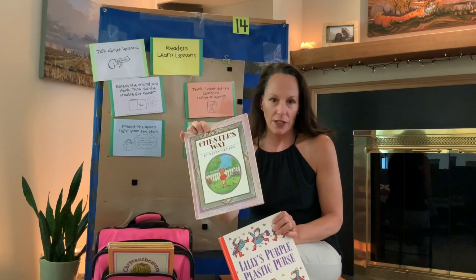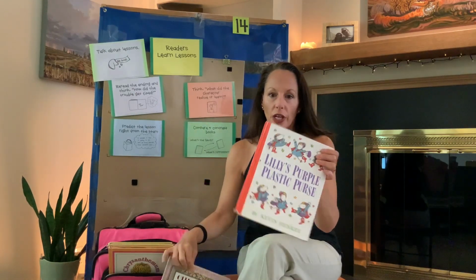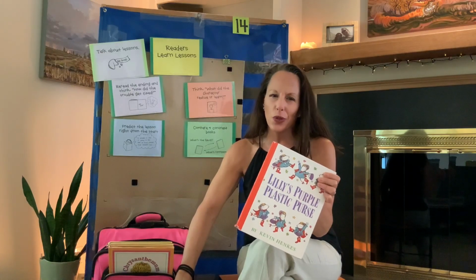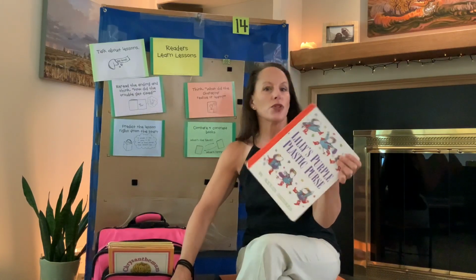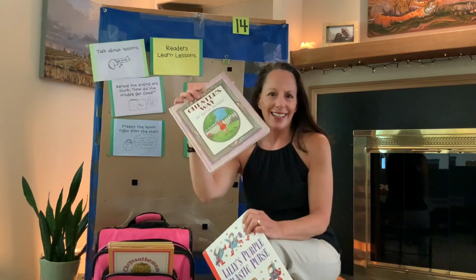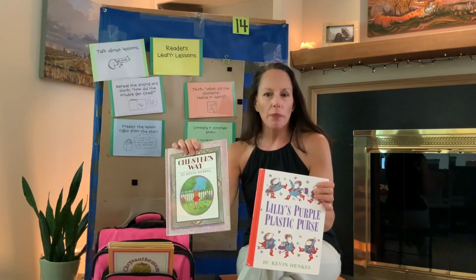So that's the difference, right? In this book, it's all about Lily at school and her plastic purse that gets her into a little bit of trouble. There's her teacher, Mr. Slinger, in this book. He's not in this one. So that's how I compare and contrast.